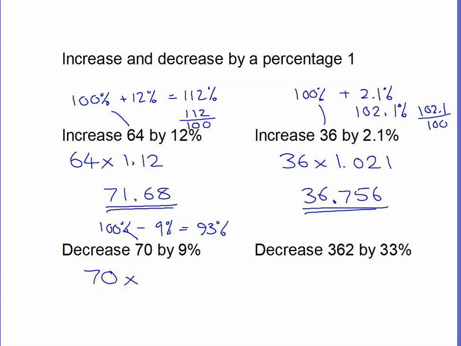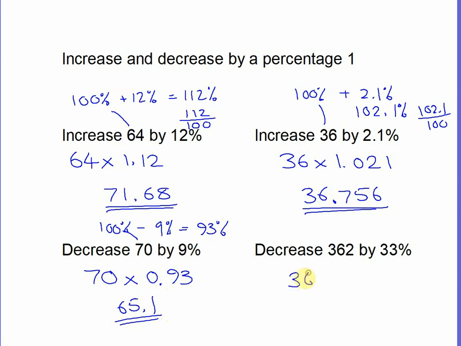But if we want to make something go down, we're going to multiply it by something less than 1. And this is 0.93 as a percentage multiplier. Remember, percent is per 100, and 93 per 100, or divided by 100, is 0.93. So that will make it go lower, and that takes it down to 65.1.